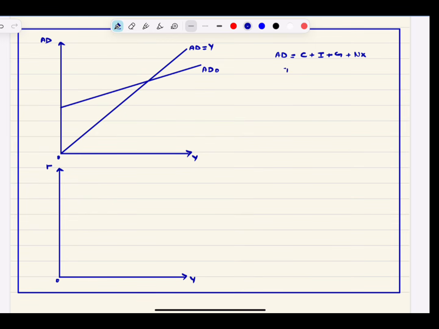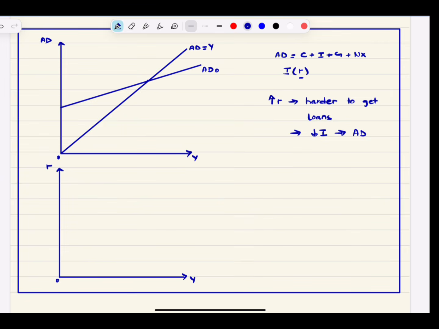We know that investment is negatively related to the interest rate, because if the interest rate increases, it becomes difficult to get loans because you have to pay back more. With this, the level of investment in an economy falls because people don't want to borrow that much money anymore, which shifts the aggregate demand curve downwards.